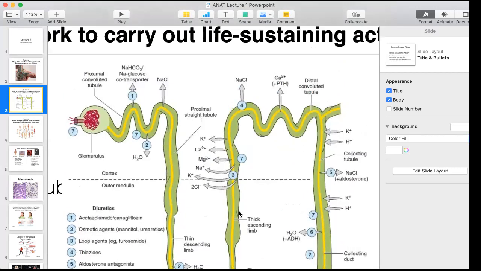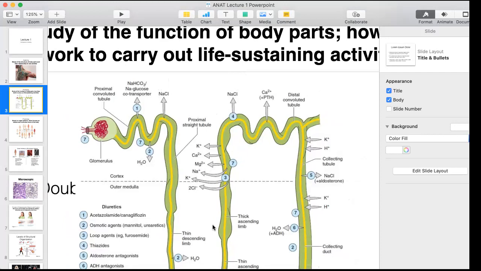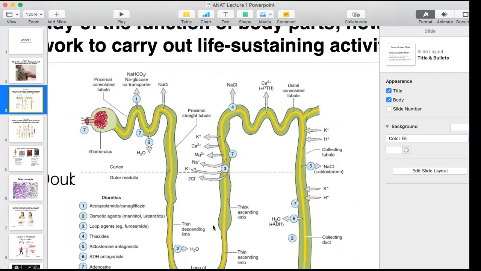We talk about the effects of hormones on the function of the kidneys. So yeah, we talk about lots of things involving chemistry principles, lots of things at a microscopic level, which is why the field of anatomy hasn't changed a lot in the past 20 years. The field of physiology, though, has.